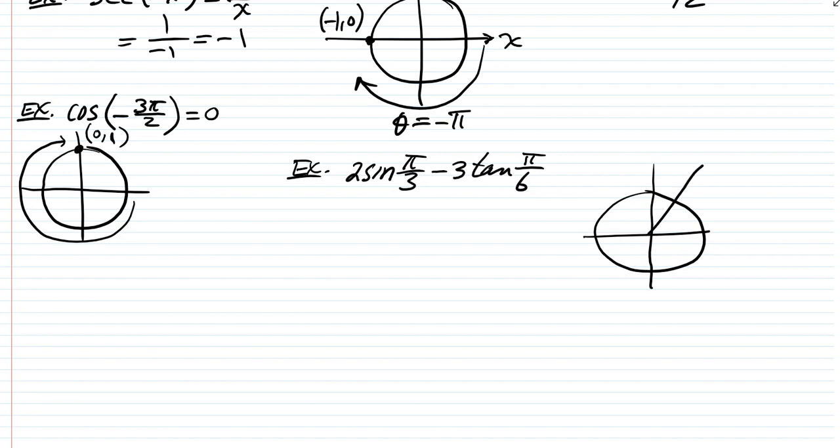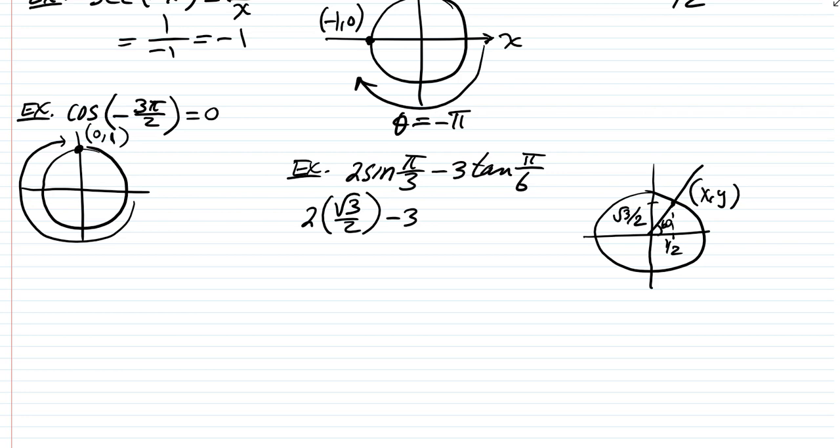For 60 degrees, this x was a half, y was root 3 over 2. So that would be 2 times, sine is the y value, so it's going to be 2 times root 3 over 2, correct?